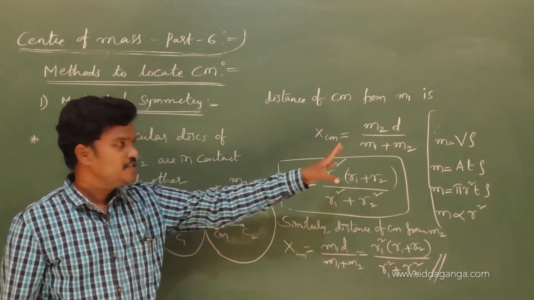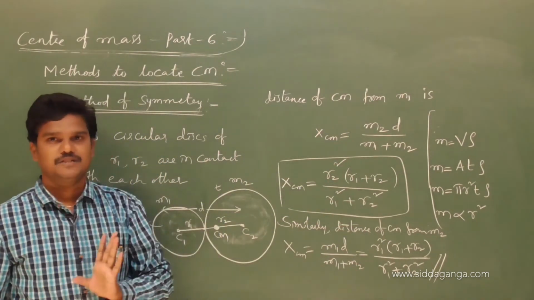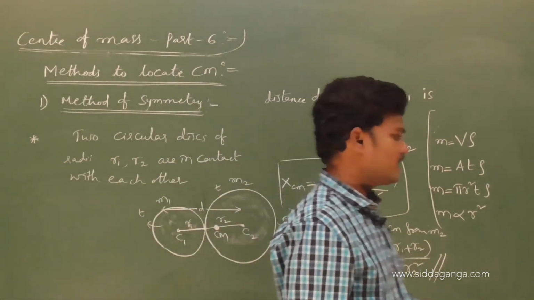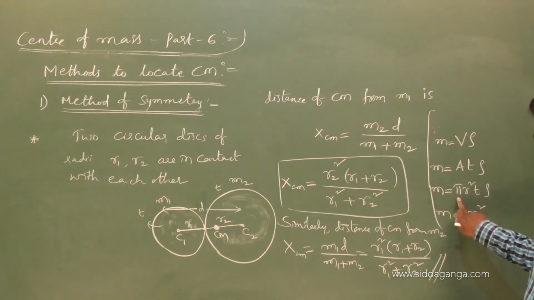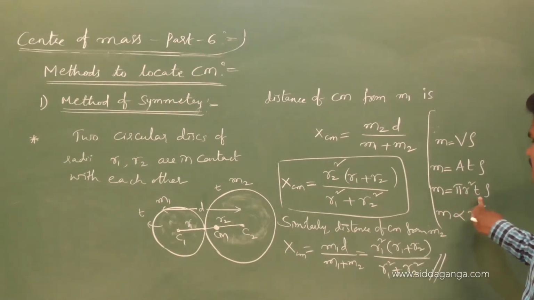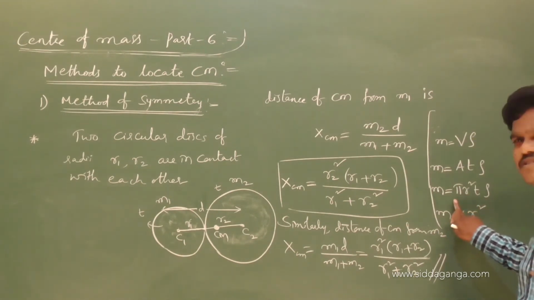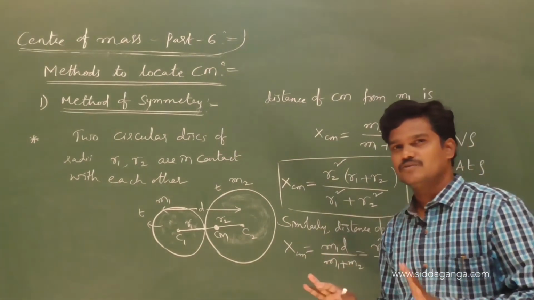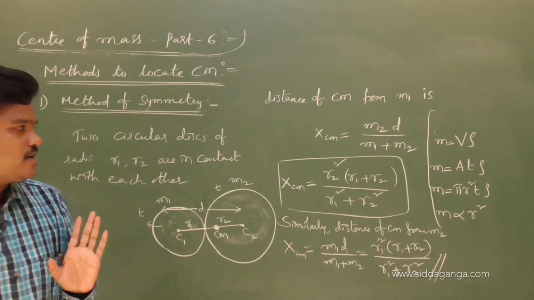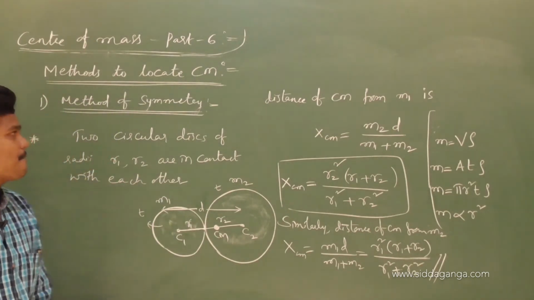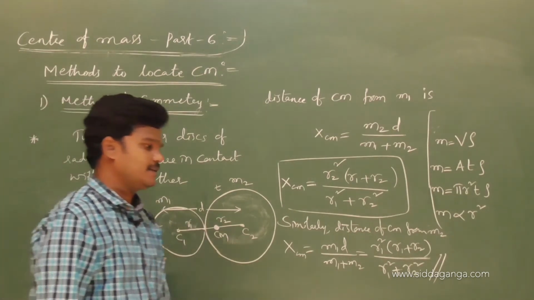I changed the masses into radius terms. Otherwise, wherever M is there, you write pi R1 square t rho. T, rho and pi are constants, only R is variable, so that's why I wrote R in place of M. Method of symmetry. Take this.